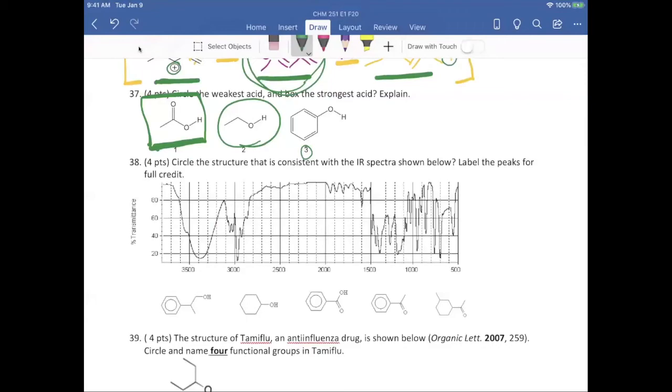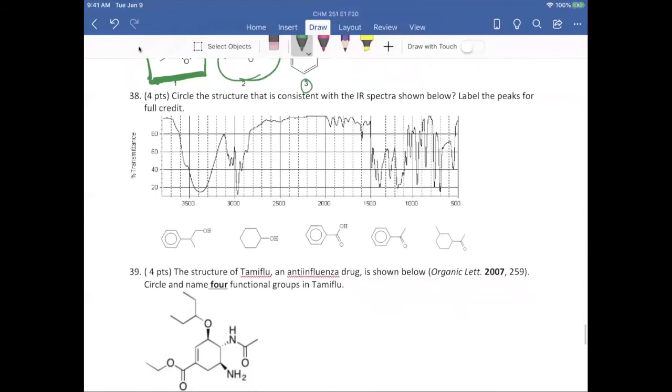And the reason is that the conjugate base of number 1 has resonance structures where the negative charge is on the most electronegative atom. 2 is the weakest because its conjugate base does not have any resonance structures. And 3 is in between those two because although it does have resonance structures, the carbon does not like the negative charge as much because it's not such an electronegative atom.